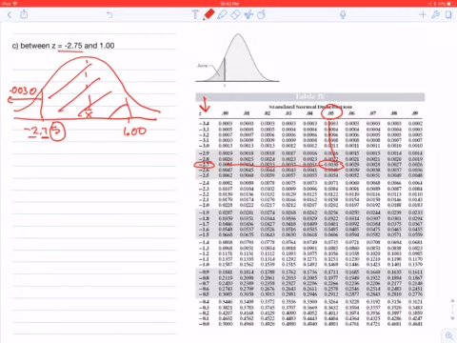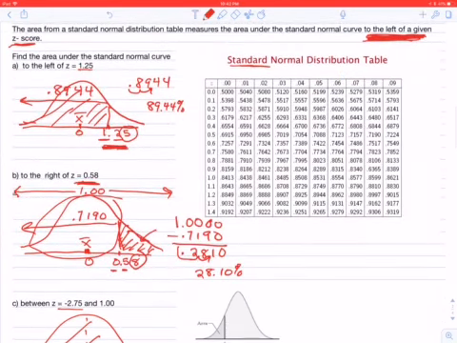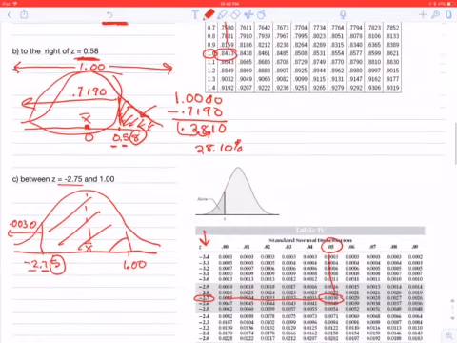Now, for 1.00, I have to go to the table for positive z-scores. So 1.00, the whole number and the tenths under z, 0 hundredths. So where they intersect, it's 0.8413. The area from the table measures the area to the left of the z-score we looked up.